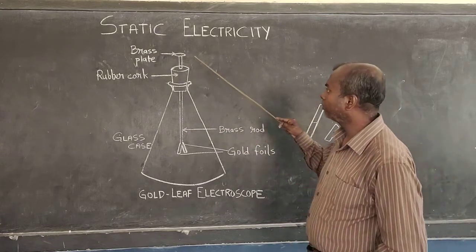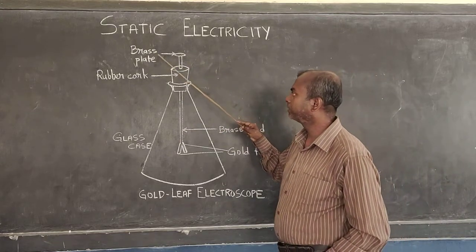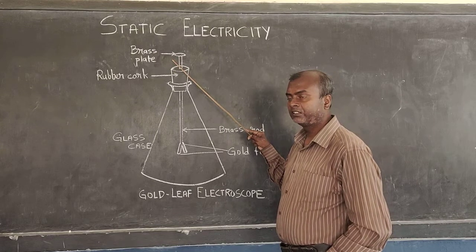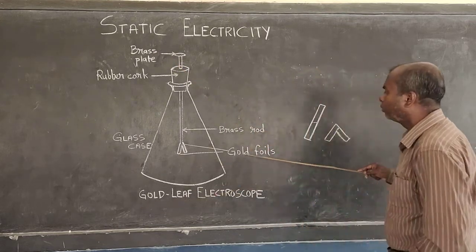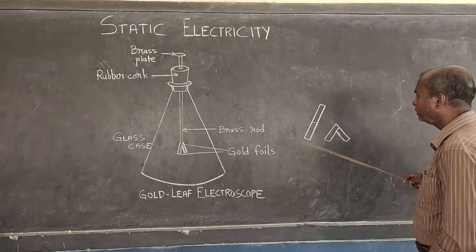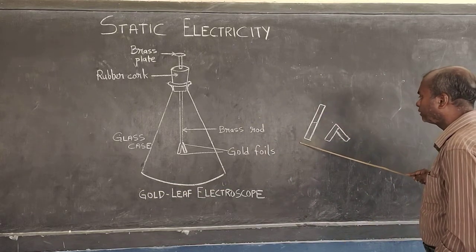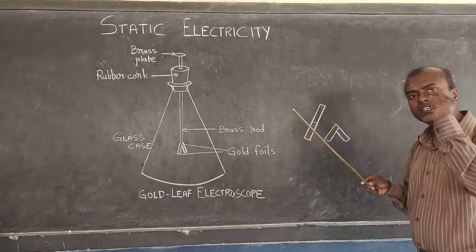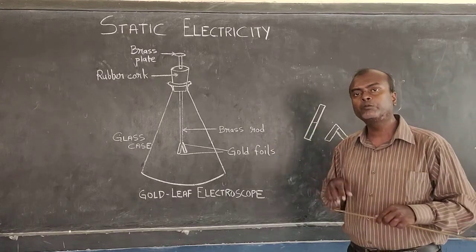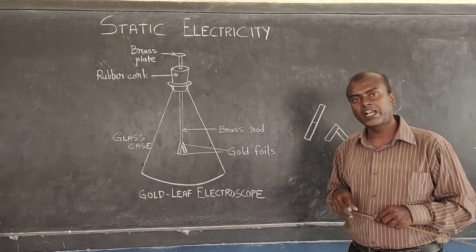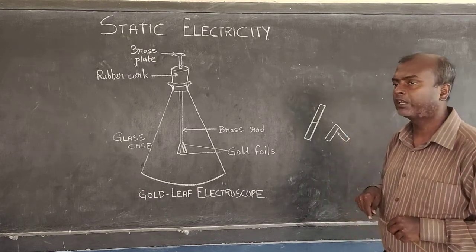This brass rod, on one side has a brass plate and on the other side has a gold foil. The gold foil is one single thin foil, not golden in color. It is made up of actual gold.